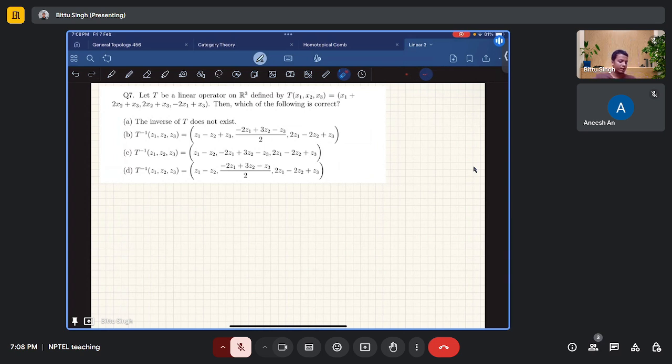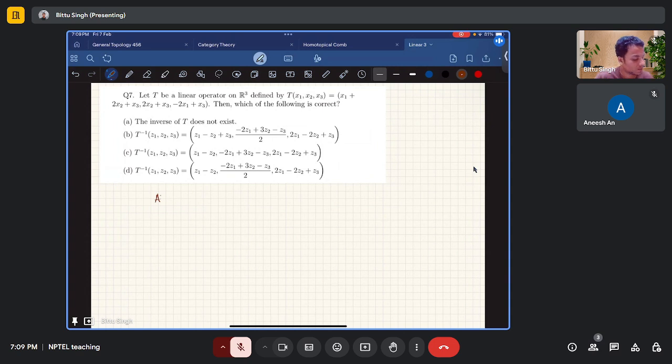So A, the inverse of T does not exist. T inverse will look like this. So again, the problem is equivalent to solving this. If T inverse exists, then we just write it in matrix form.